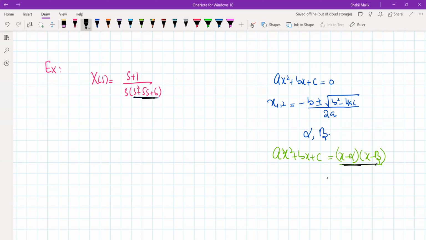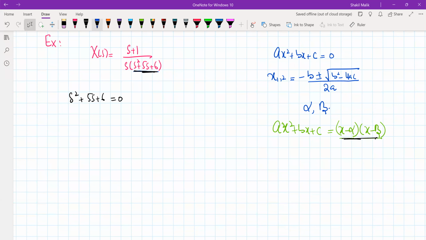So what we do first, we find the roots of this quadratic polynomial or quadratic equation, s square plus 5s plus 6 equal to 0. Then the roots s1 and s2 will be equal to minus 5 plus minus the square root of 5 square, which is 25, minus 4 times A, which is 1, times C, which is 6, divided by 2A, A is 1.